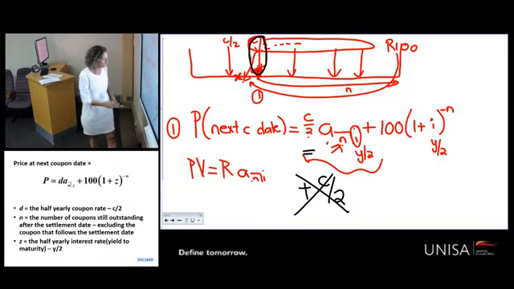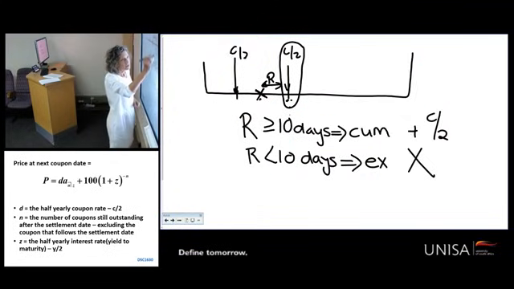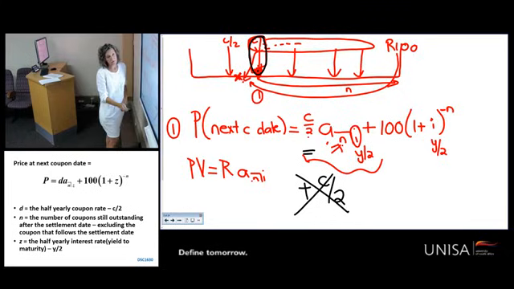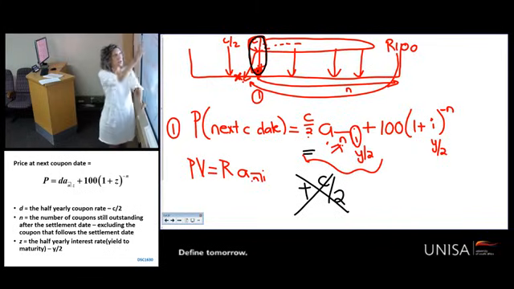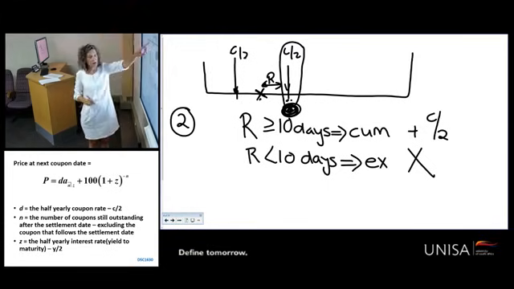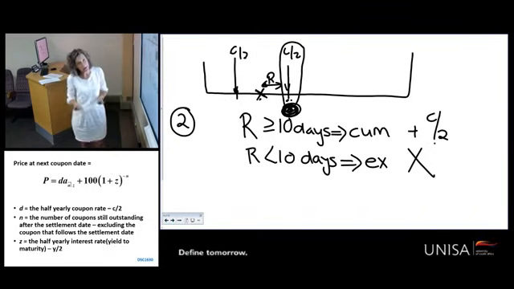So if we want the final price on this date here, what do we need to do? Depending on our R value, we must either add another half-yearly coupon, or we just leave it as it is. So our second step always in the calculation is we determine the R value and make sure whether we need to add that coupon or not. Why do we add a coupon?